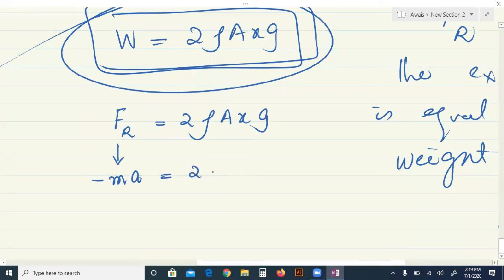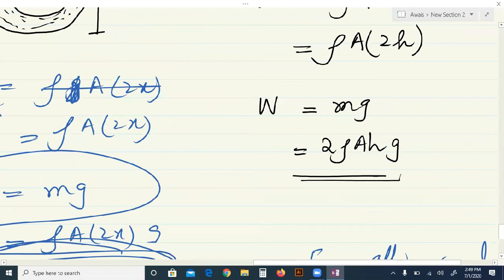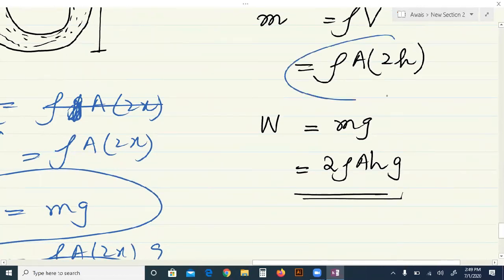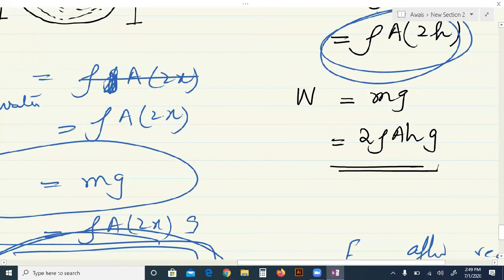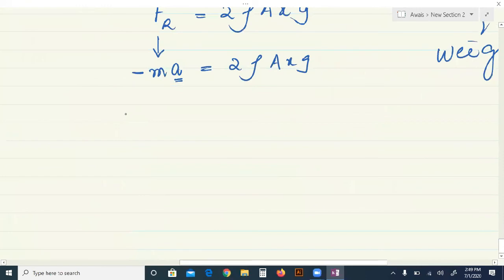So minus 2 rho A x g. And remember, this acceleration is produced in the whole liquid. And what is the mass of the whole liquid? We have done here. Here is the mass of the whole liquid before oscillation, rho A 2h. So we can write 2 rho A h times acceleration equals minus 2 rho A x g.